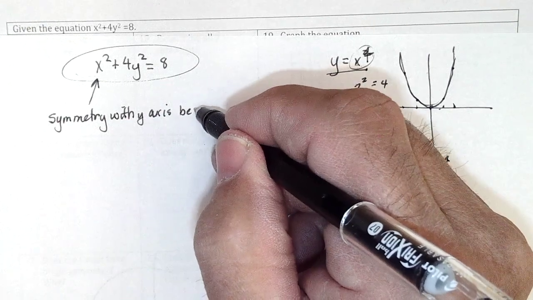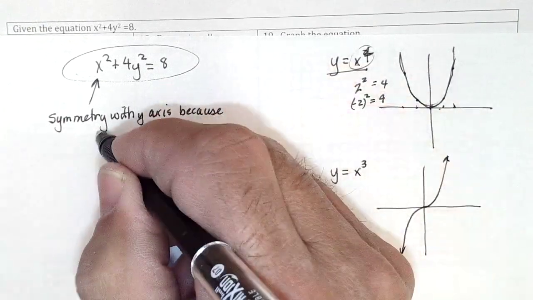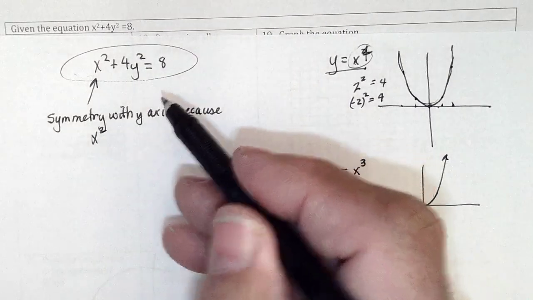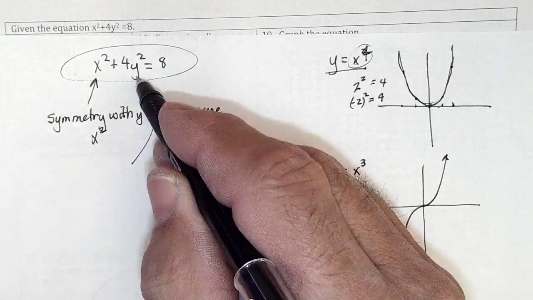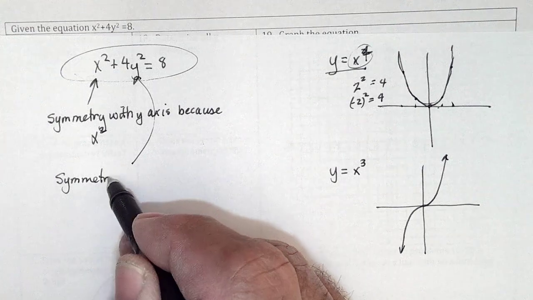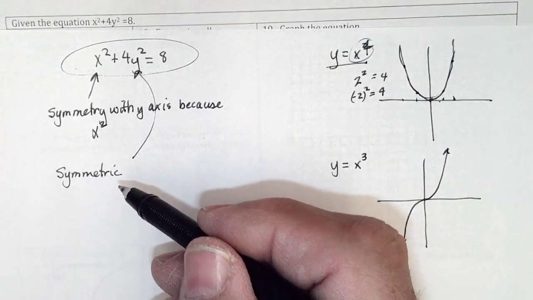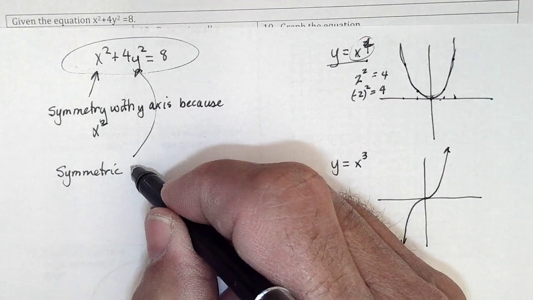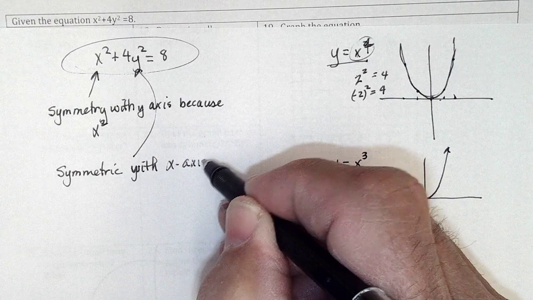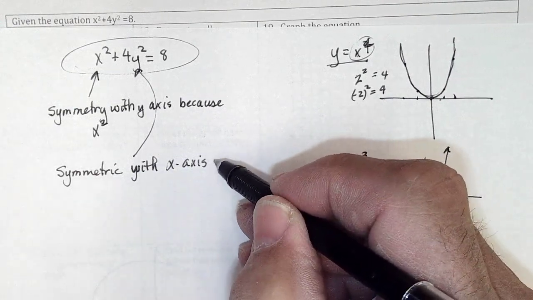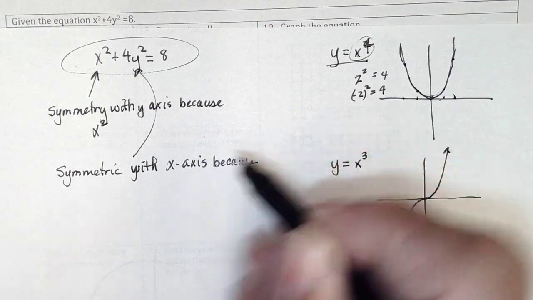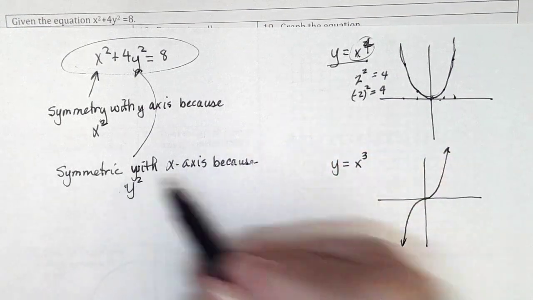because x is squared. And it's also symmetric with the x-axis, because it doesn't care whether y is positive or negative.